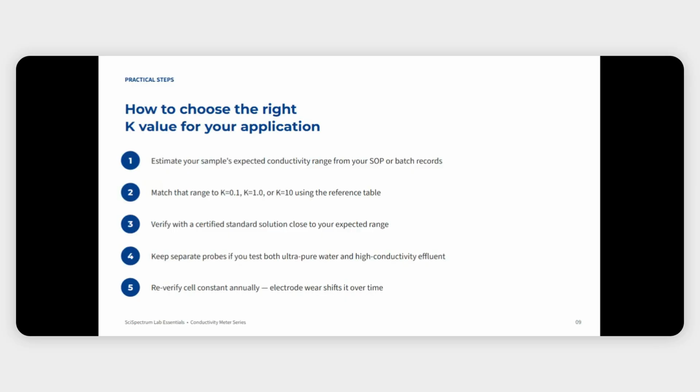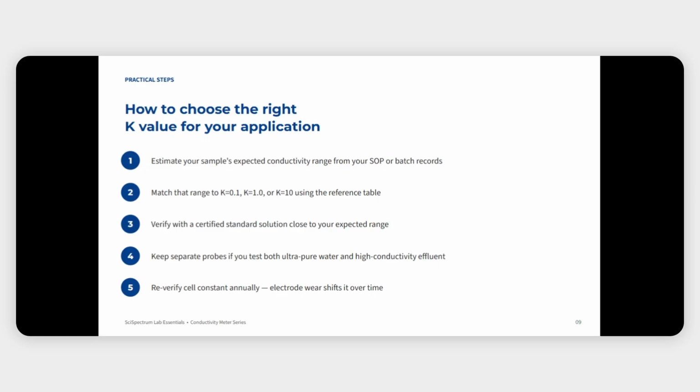So, how do you actually choose? Five steps. One, estimate your sample's expected conductivity range from your SOP or previous batch records before you even pick a probe. Two, match that range to K equal to 0.1, 1.0 or 10 using the table we just covered. Three, verify with a certified standard solution close to your expected range, not a generic mid-range standard sitting on the shelf.